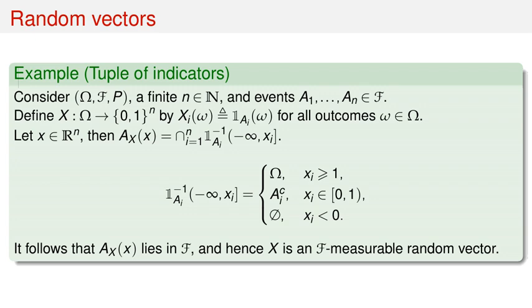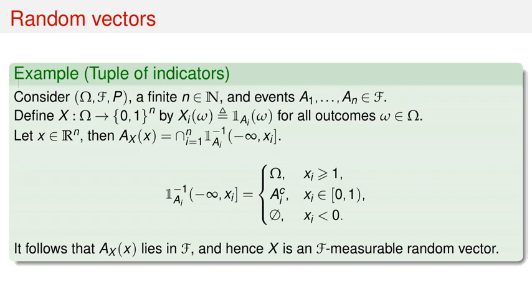Let's look at an example, a tuple of indicators. Consider our probability space omega, script F, P, a finite n and n events, A sub 1 through A sub n, all in script F. Define a vector x mapping from omega to the set 0, 1 to the n, where the ith component x sub I of omega is the indicator of A sub I evaluated at omega.